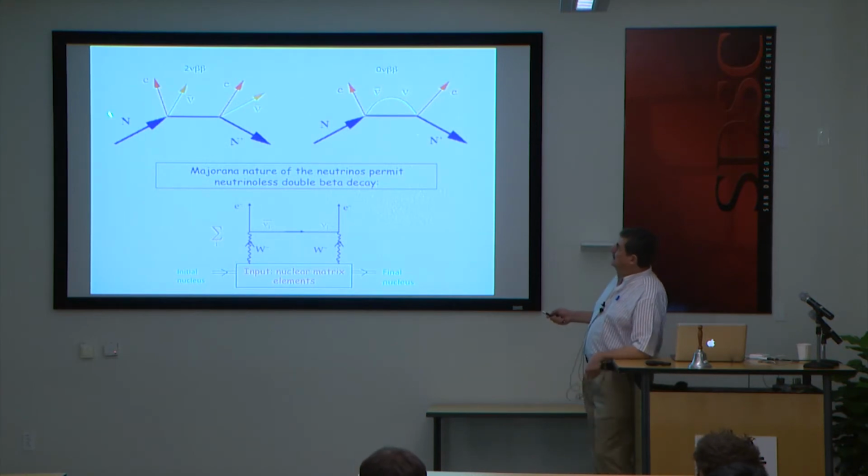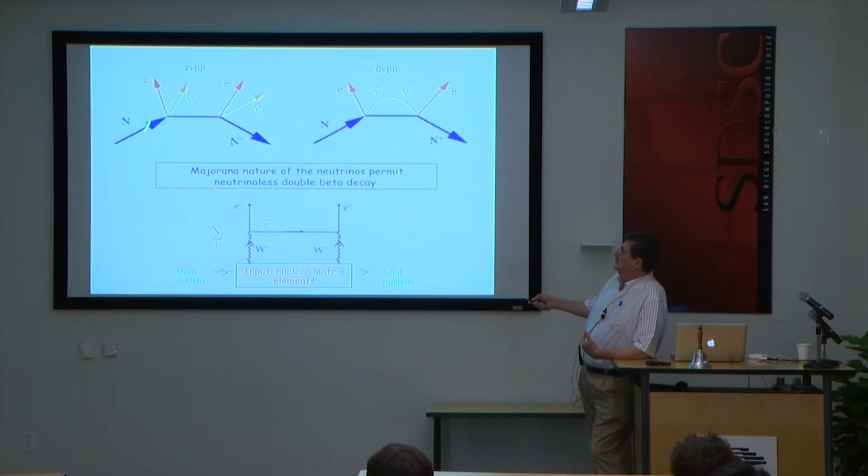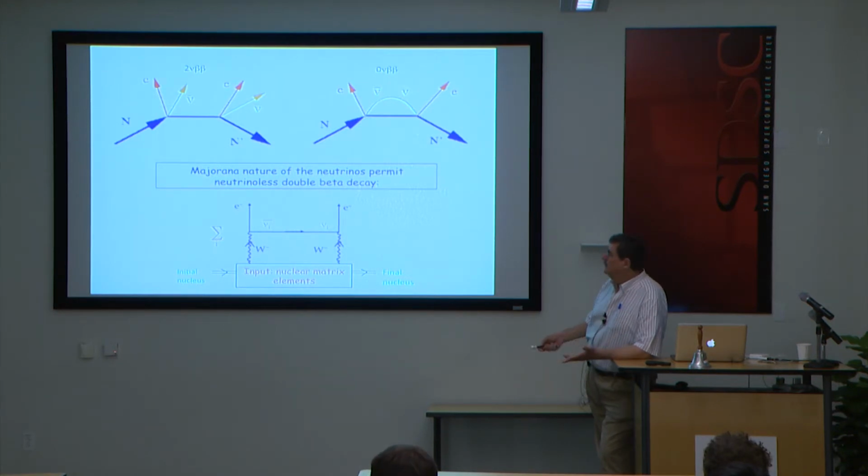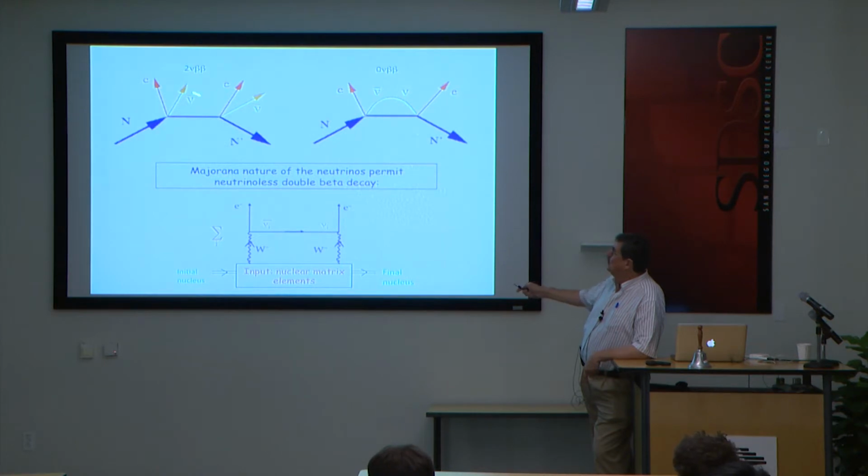So a typical beta decay: a nucleus emits an electron and an antineutrino, or a positron and a neutrino, and goes on to a daughter nucleus. But if this process can happen twice, typically calculated in perturbation theory, you can do it twice. And this is what we call two-neutrino double beta decay.